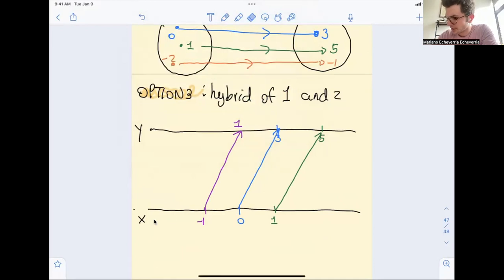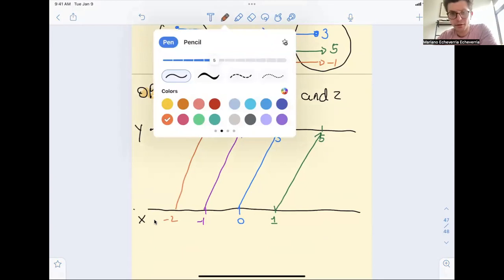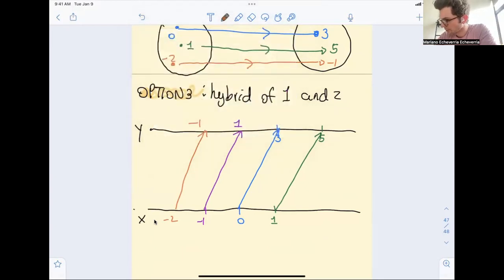So -2 went to -1, and let's do one more, which is 2. 2 went to what? 7, right?